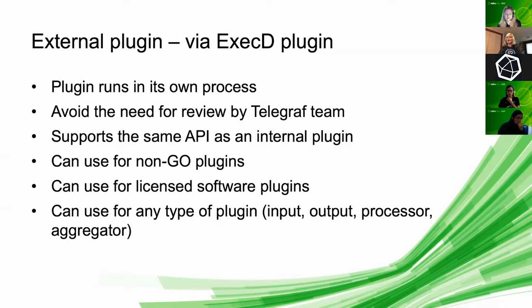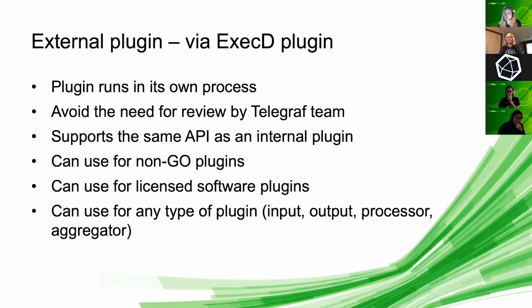The external plugin approach, where the plugins are running inside a separate process, also opens up some new use cases that can't be supported by internal plugins. For example, a non-Go plugin or a plugin that needs access to some library that isn't available in the Go ecosystem. You can also use this as an approach.